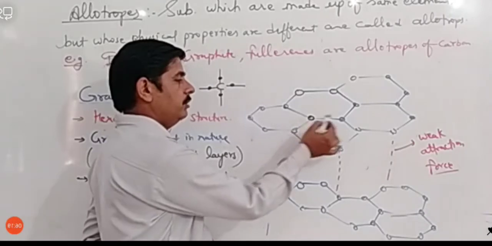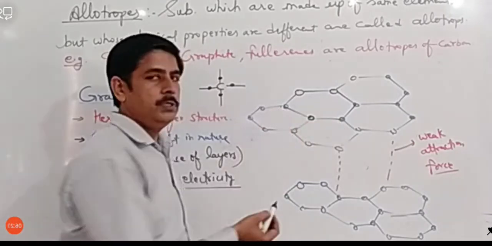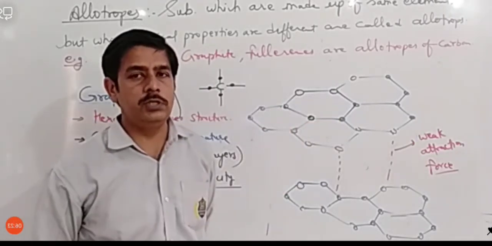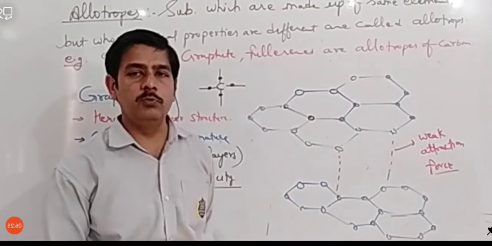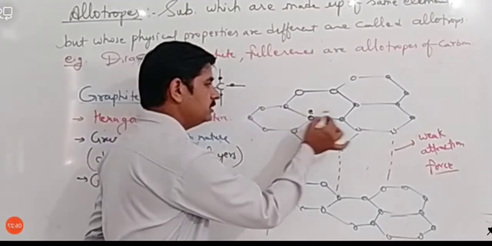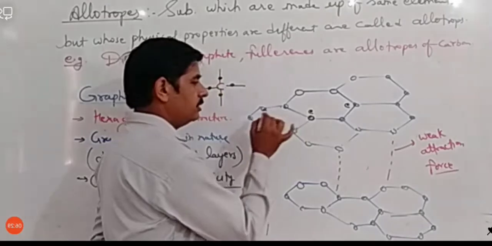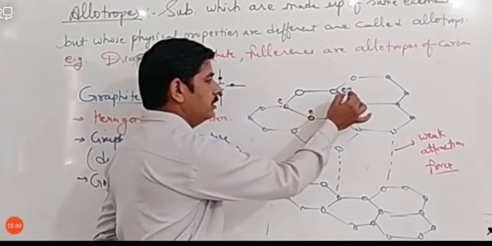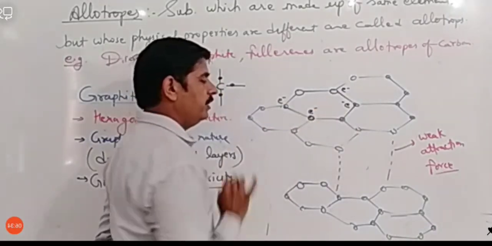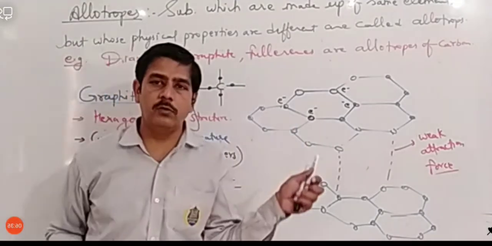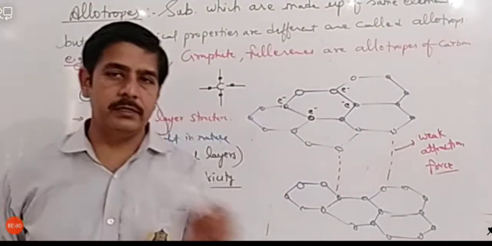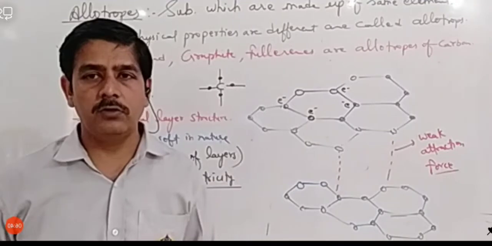This carbon is surrounded by 1, 2, and 3. That means one electron is unused here. One electron is free to move. So each carbon in the center, which is surrounded by 3 carbons, has one unpaired electron, one free electron, and this free electron can move easily in layers, and that's why it is a good conductor of electricity.